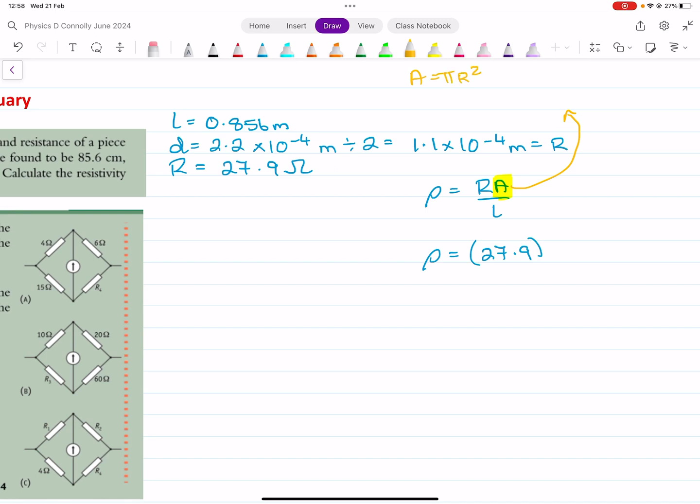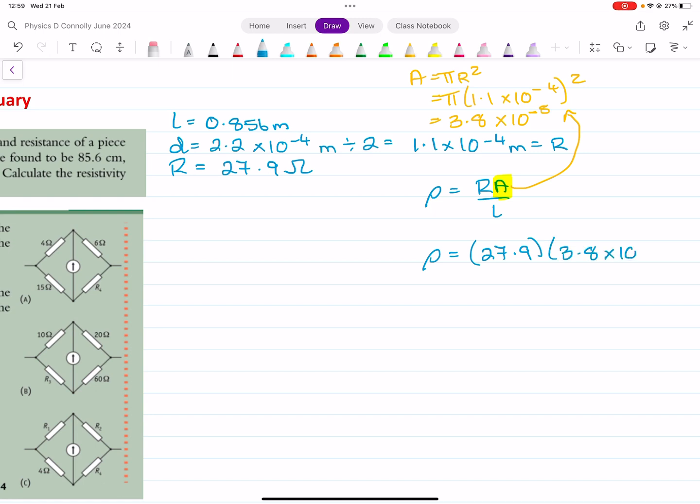That area is a circle, so it's pi r squared. So it's going to be pi by 1.1 by 10 to the minus 4 squared. So square that and multiply it by pi. So I'm getting 3.8 by 10 to the minus 8, which I'll put in here.